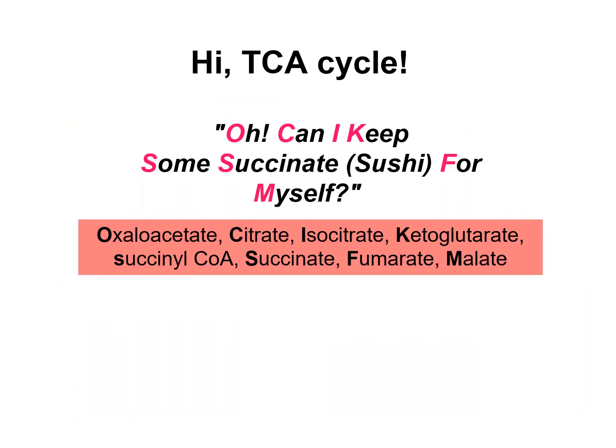So to memorize the substrates in the TCA cycle or the Krebs cycle: can I keep some succinate for myself? Oxaloacetate, citrate, isocitrate, ketoglutarate, Succinyl-CoA, succinate, fumarate, and malate. Or you can form your own mnemonic.